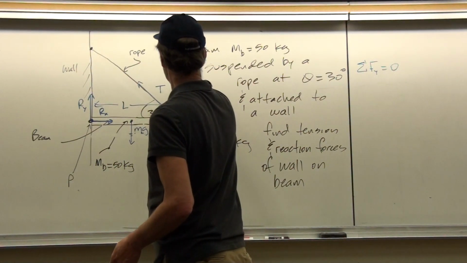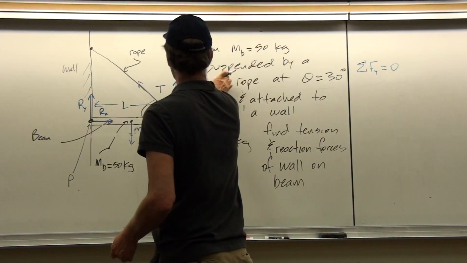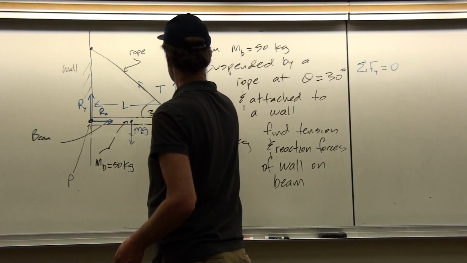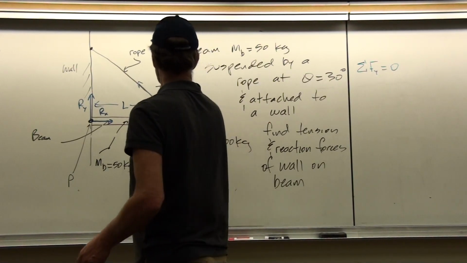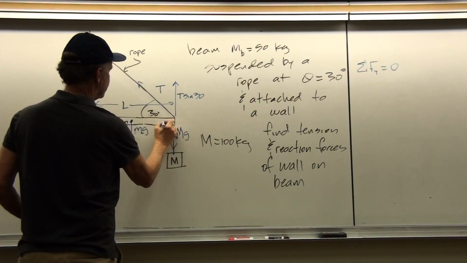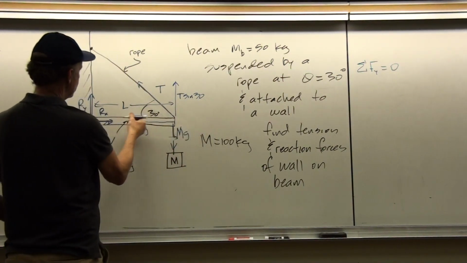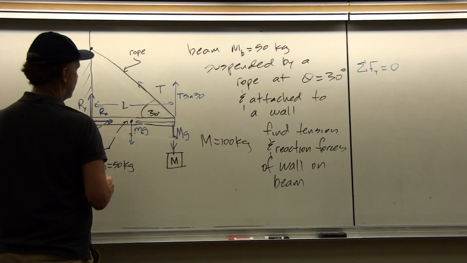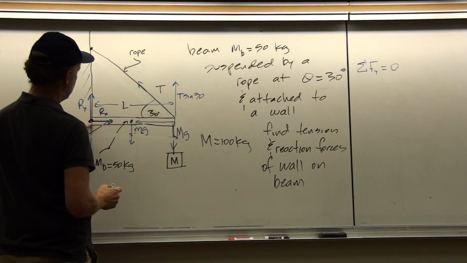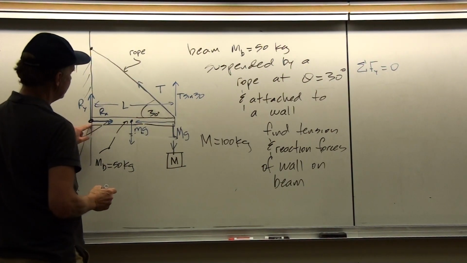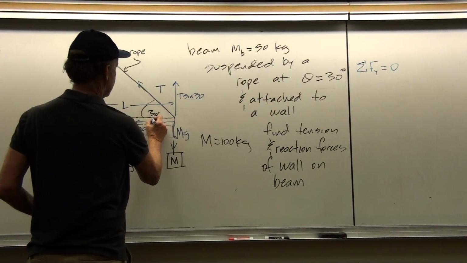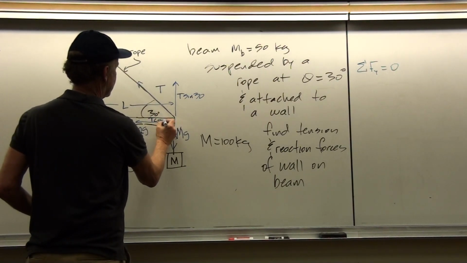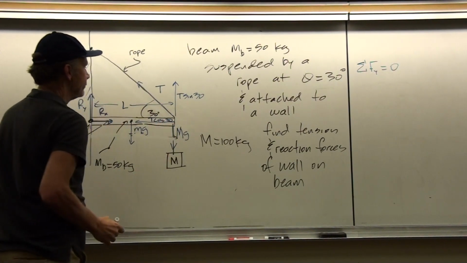So this component would be T perpendicular, and so that would be equal to T sine 30. Whereas this component of the tension that acts inward toward point P, where the beam is in contact with the wall, is going to be T cosine 30.